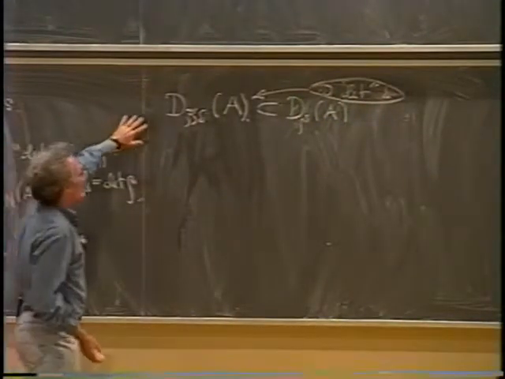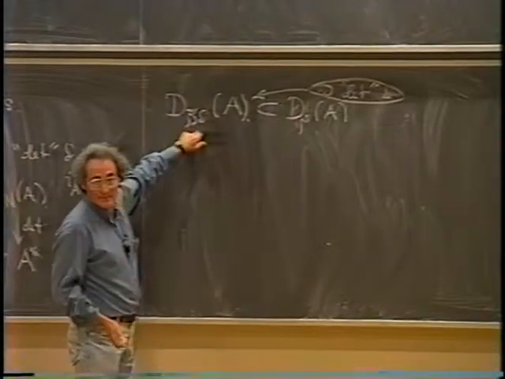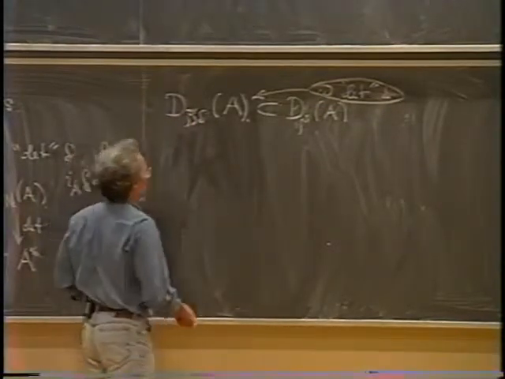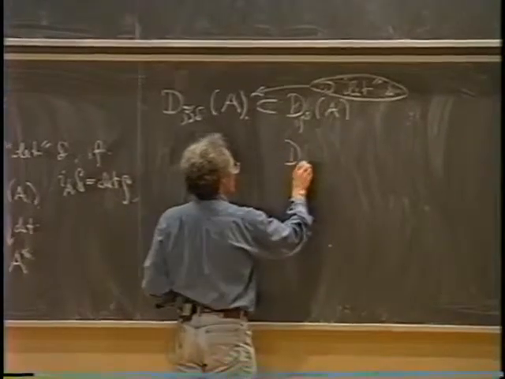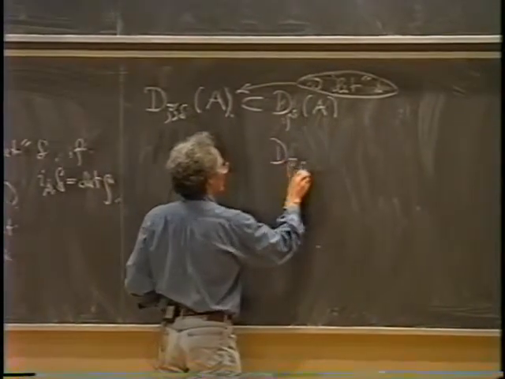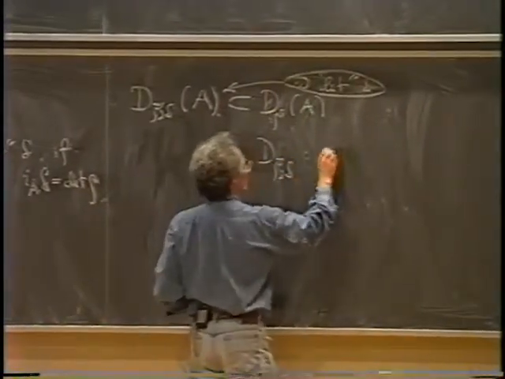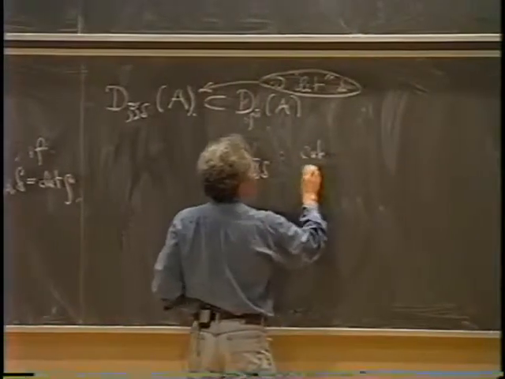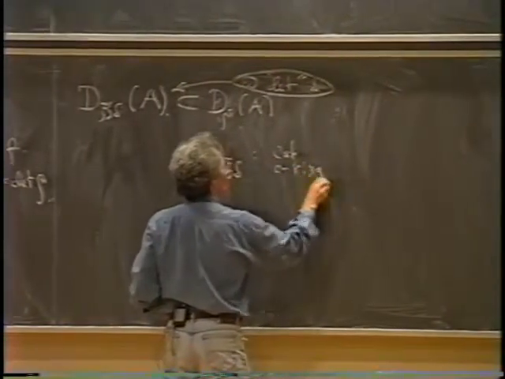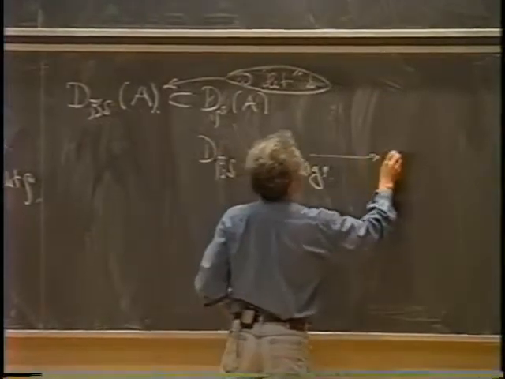This doesn't make any sense really unless rho bar itself has determinant delta. If rho bar has determinant delta, then we have a nice functor. I've called it D_rho bar^delta, from our category of C rings, coefficient rings, to sets.